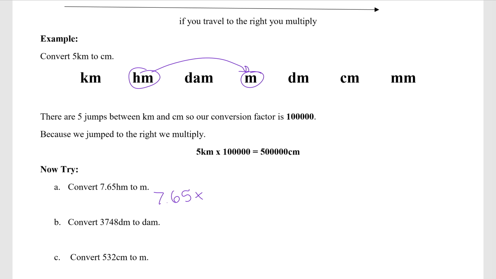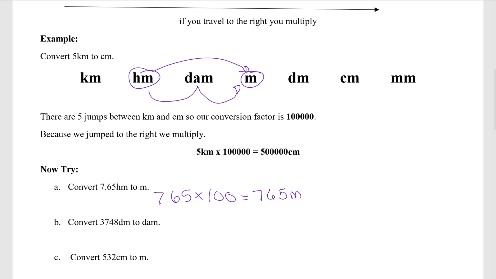We're still traveling to the right, so that's why we're multiplying. But how many jumps are we making? 1, 2 jumps to the right. So what am I multiplying by? I put a 1, and because I made 2 jumps, I put 2 zeros. So 7.65 times 100 is 765. So that tells me 7.65 hectometers is 765 meters.